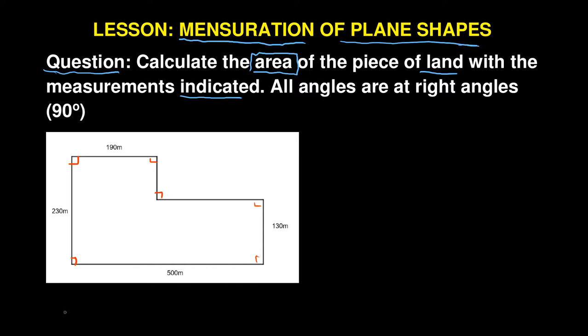Now, there are many ways you could have approached this kind of question. As you can see, you cannot tell what type of shape this is. There is no formula that can solve this kind of shape, like a shoe. But what you are supposed to do is divide this shape into two parts. I can choose to divide it like that.